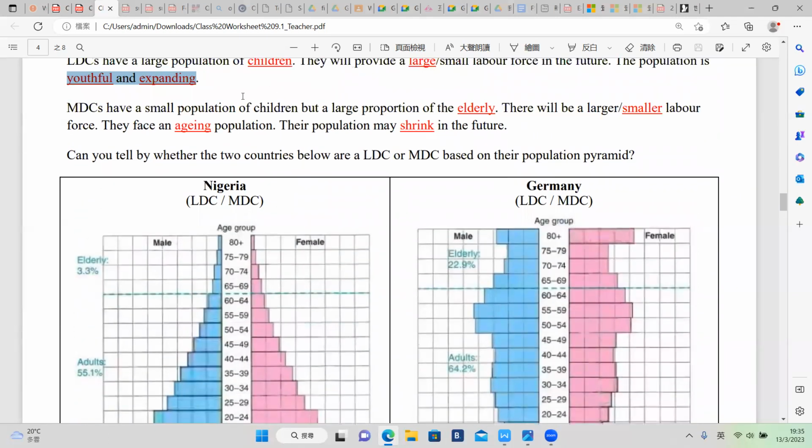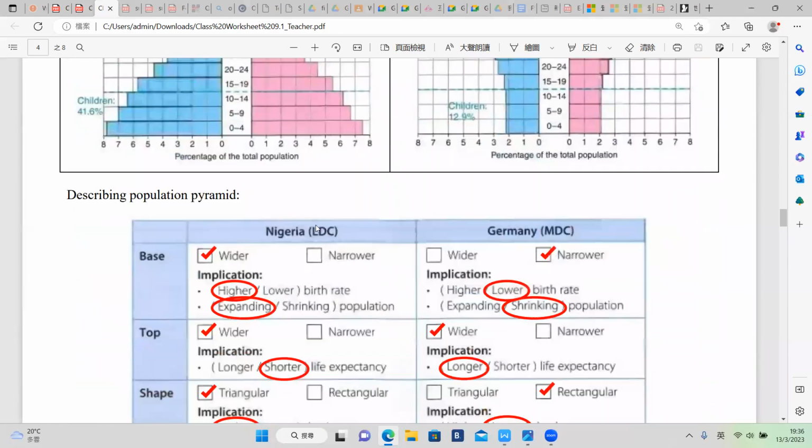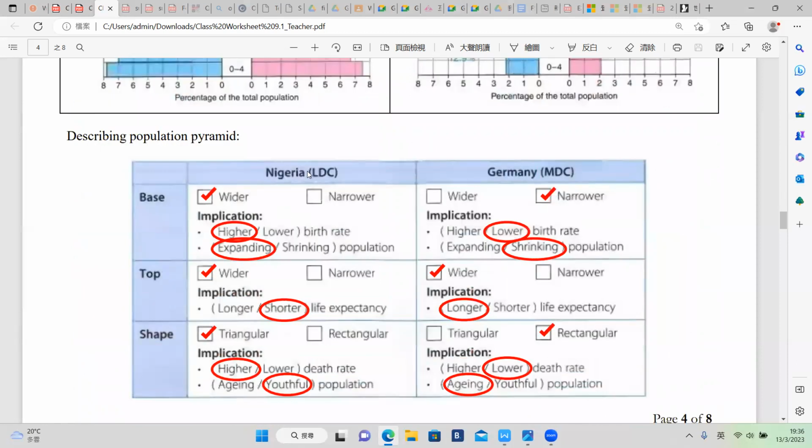But how about MDC, just like Japan? There is a large proportion of elderly, so there will be a smaller labor force and an aging population. The population may shrink in the future. As the test has told you, Nigeria as an LDC has a wider base because of the high birth rate and expanding population.